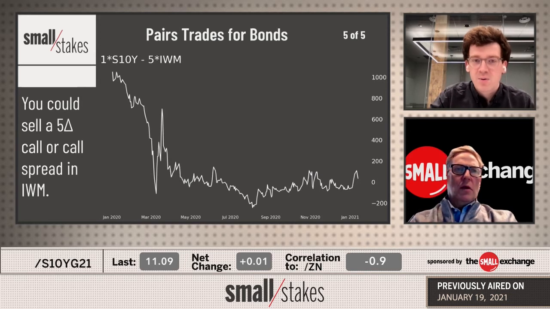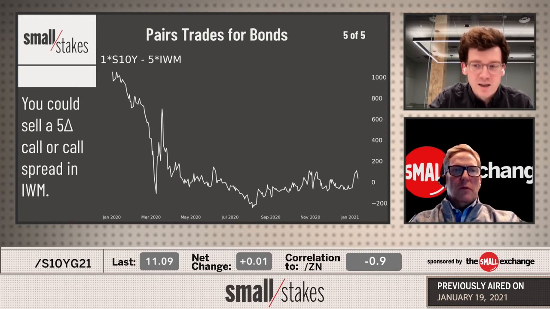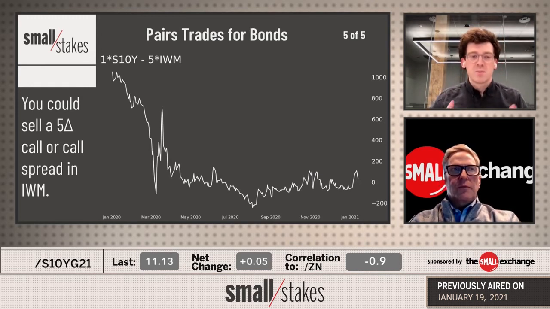And what I'm looking for is probably similar to that ZN position. I'm looking at probably a call spread that's worth about 5 deltas that I could get $50 or $100 for in IWM. And this is one of those buy, sell, because stocks and yields are highly positively correlated here.